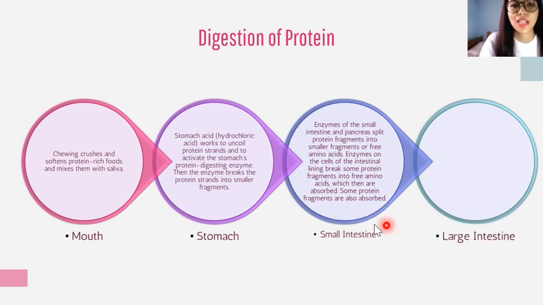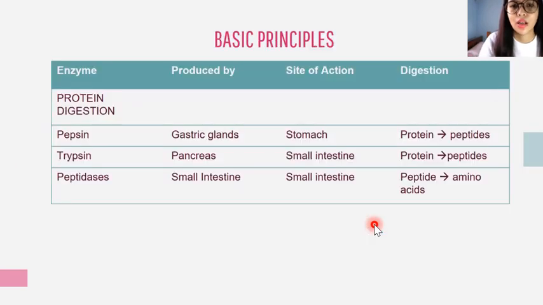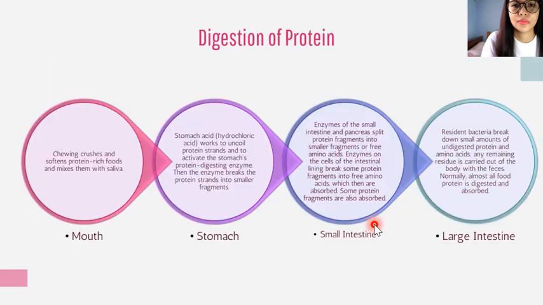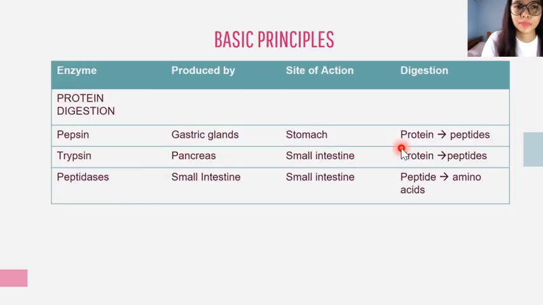And in your large intestine, resident bacteria break down small amounts of undigested protein and amino acids. Any remaining residue is carried out of the body with the feces, and normally almost all protein is digested and absorbed.